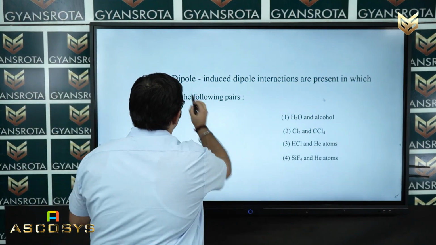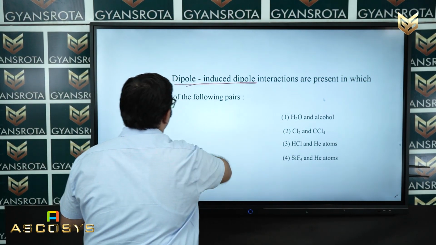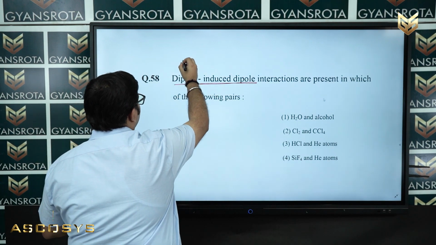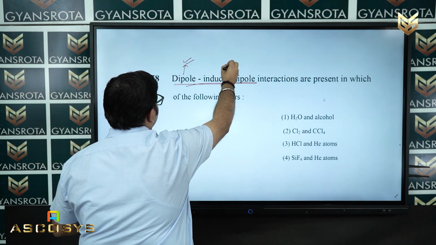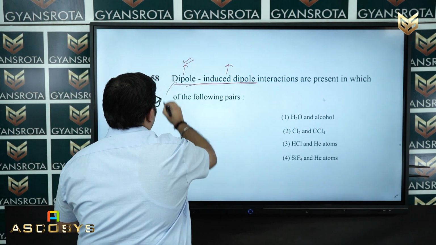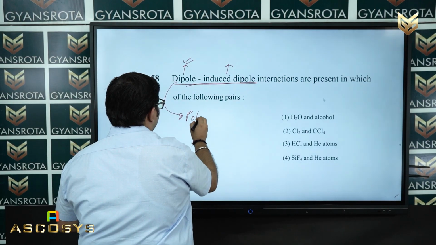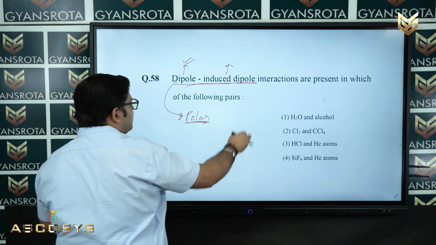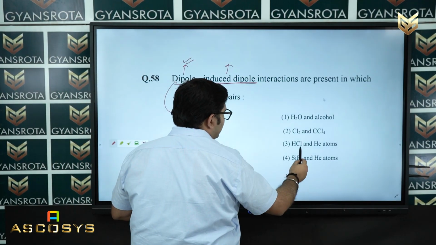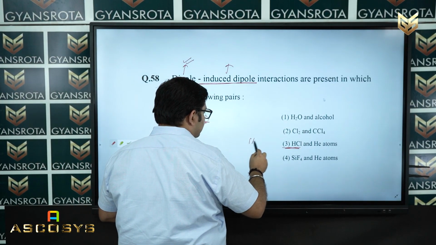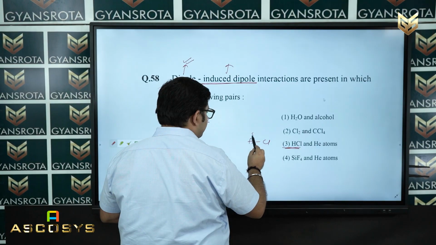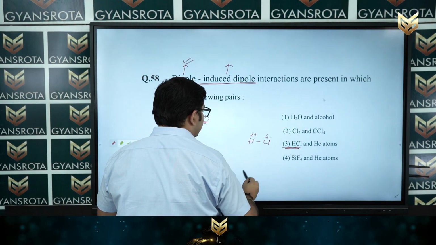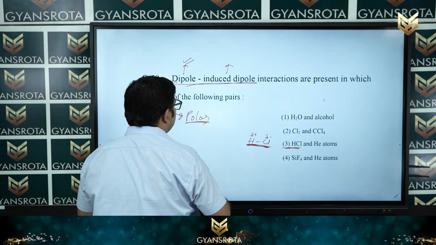Here they ask about dipole induced dipole. For this we need one dipole molecule and another one with induced dipole. For a dipole we require a polar molecule, right? The polar molecules basically have a dipole moment. Now if you see in the options, only HCl has delta positive and delta negative, so each has this dipole part.